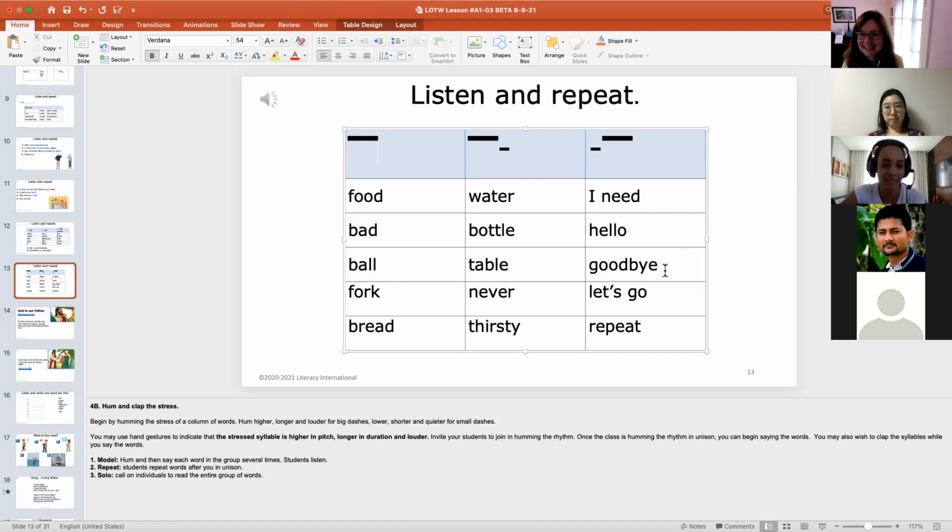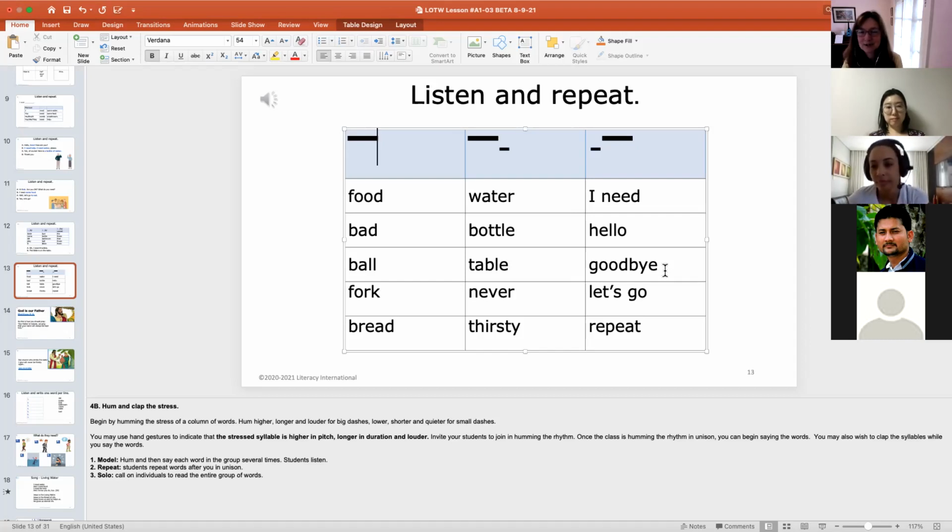Any questions on this stress portion of pronunciation? As we get into more advanced levels, we'll learn other things about sentence stress and how stress affects when you're asking a question.